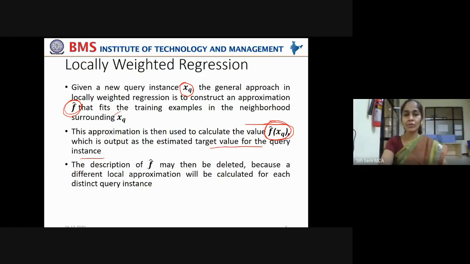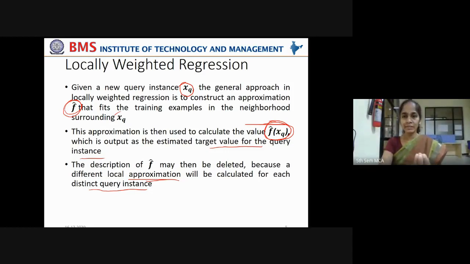Now the description of f cap may then be deleted because a different local approximation will be calculated for each distinct query instance. Say you have trained a machine learning model with locally weighted regression. Now you are giving a new data point to it in order to predict that data point's outcome.